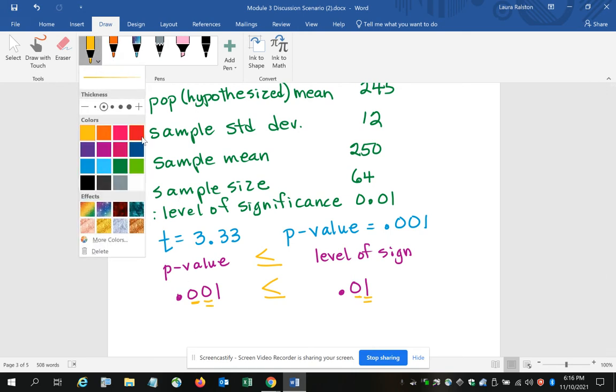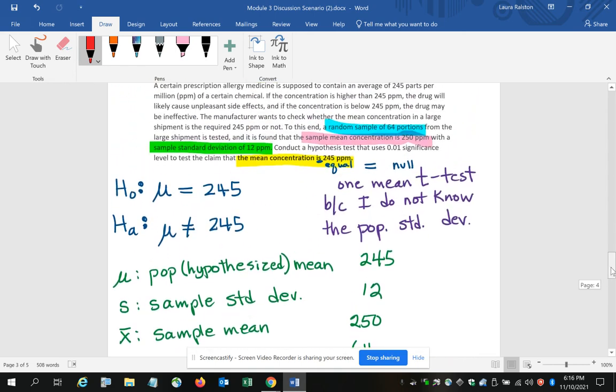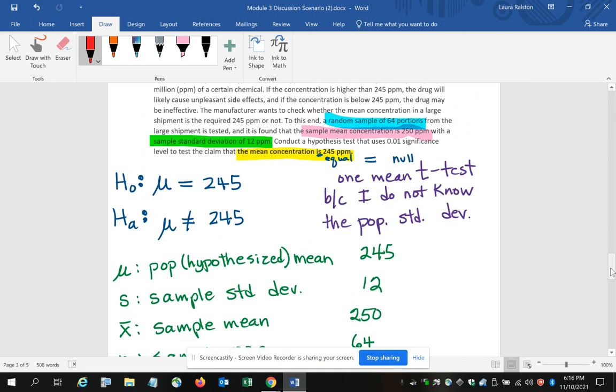Whenever p is less than or equal to the level of significance, we reject the null, which in this context means that my null hypothesis is false or wrong, and the alternative is true or correct.